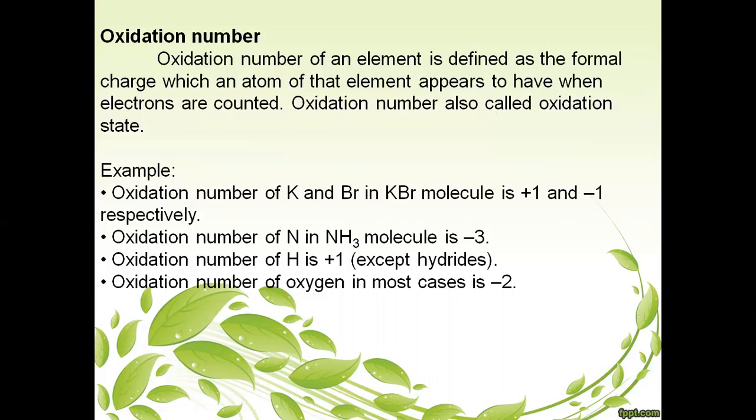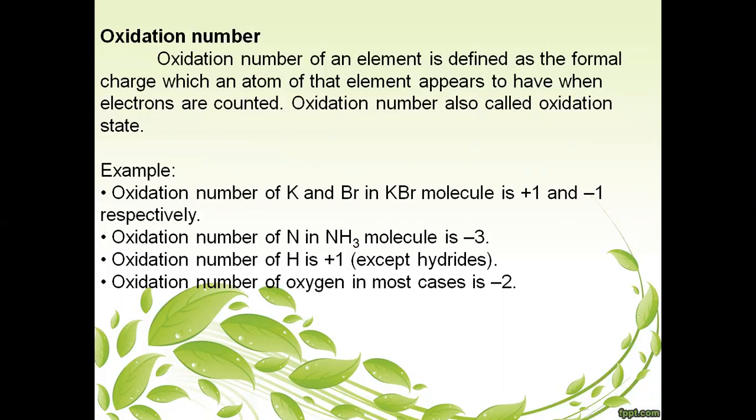Simply, we take one atom and see how many electrons it lost or gained, whether 1, 2, 3, 4, any number. This is called the oxidation number. For example, potassium and bromine.